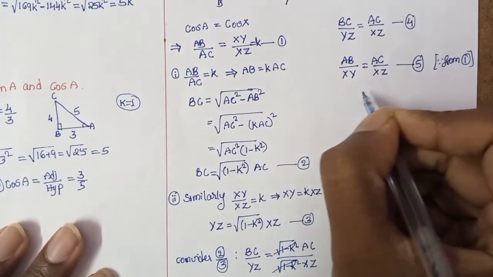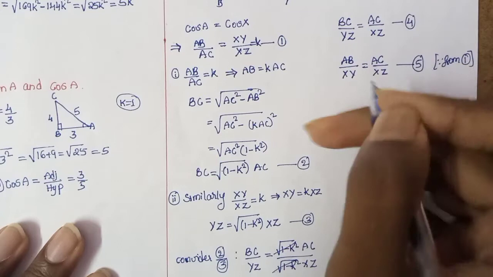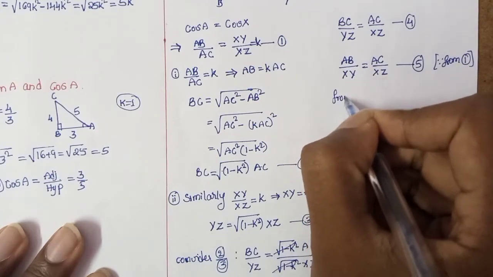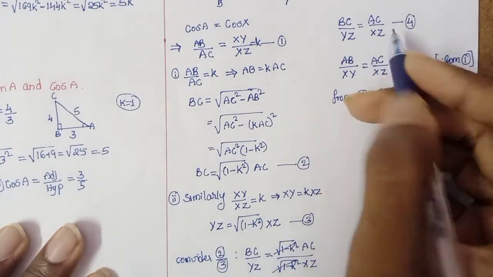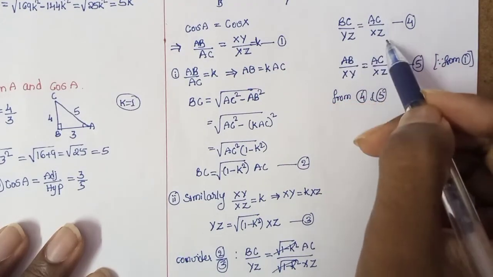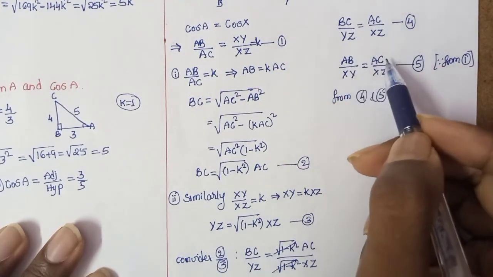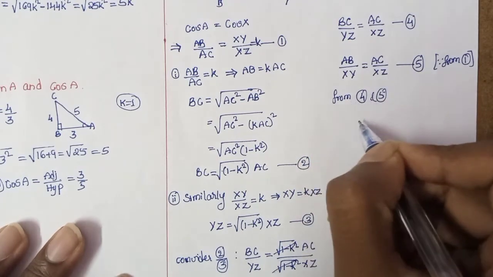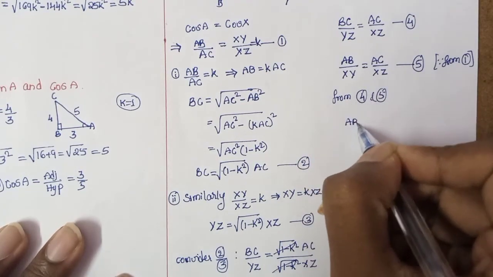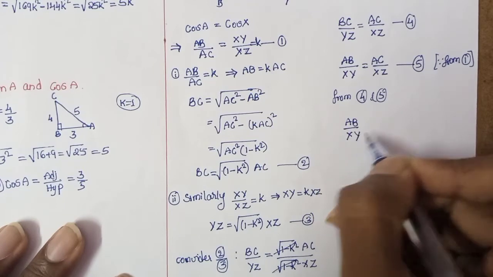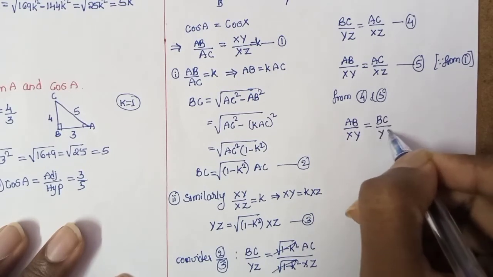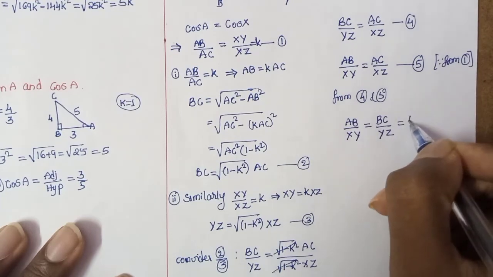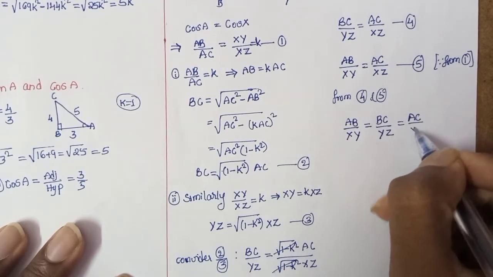So from here, from 4 and 5, what you can write, because BC by YZ is equal to AC by XZ, AB by XY is also equal to AC by XZ. So you can write AB by XY is equal to BC by YZ is equal to AC by XZ.